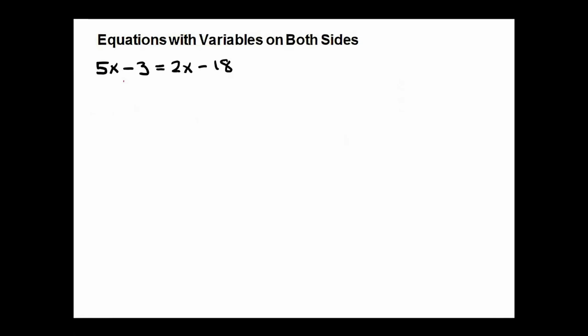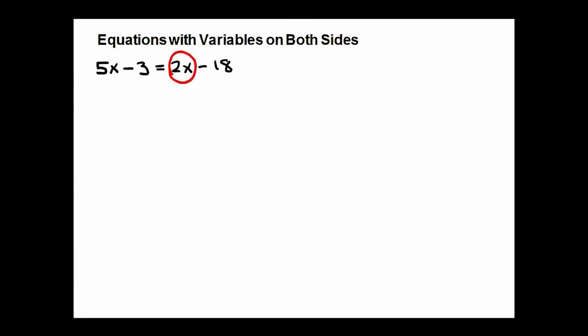Here's another example of an equation with variables on both sides. We have a 5x on the left and a 2x on the right. First, we should get rid of one of those variable terms. I'm going to choose to get rid of the 2x.